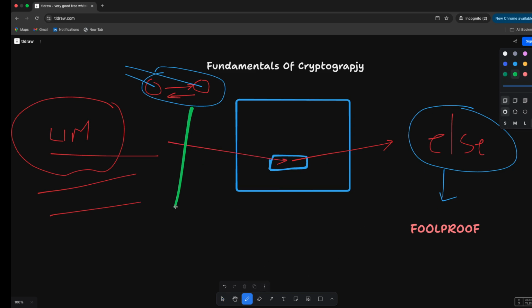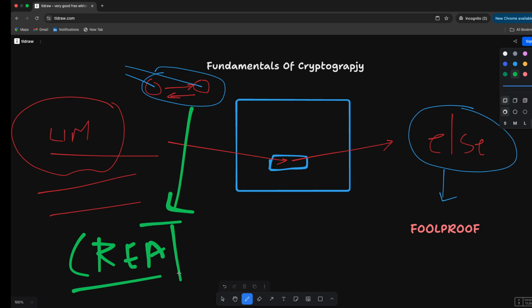So the creator of the lock has access to all the codes. So this is not very foolproof.